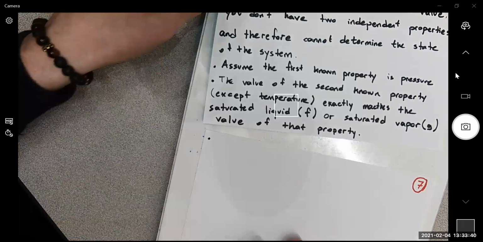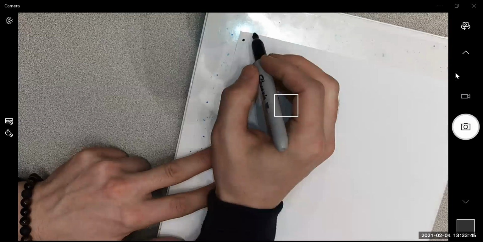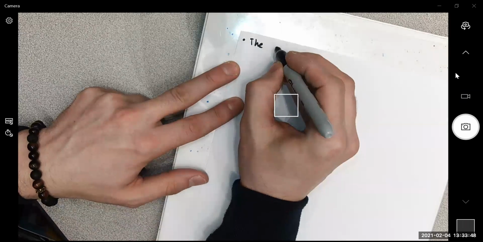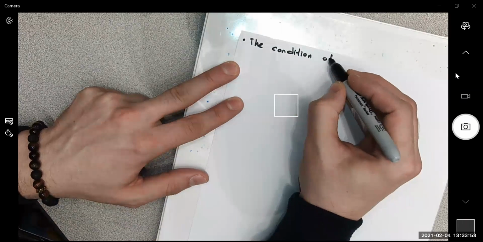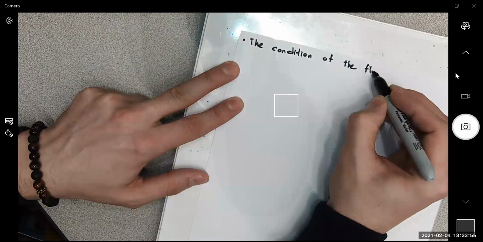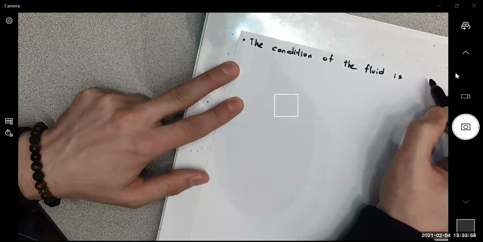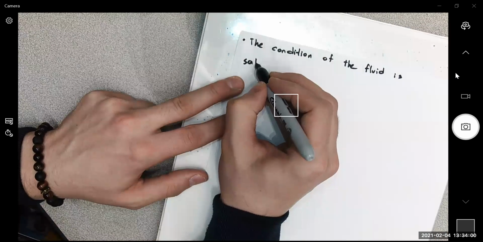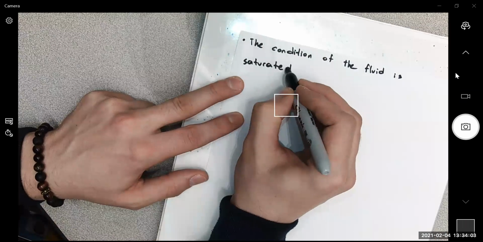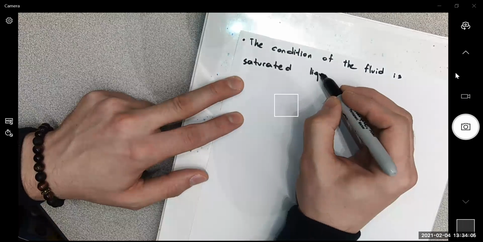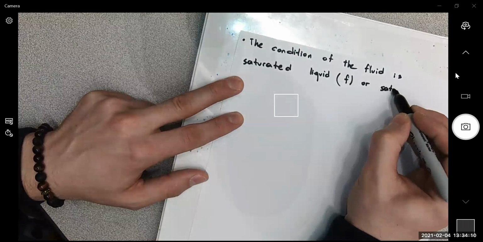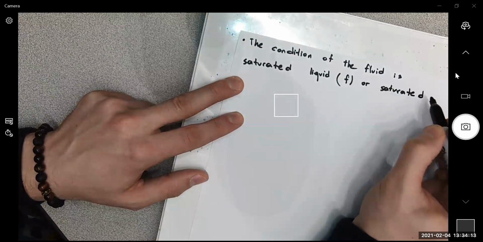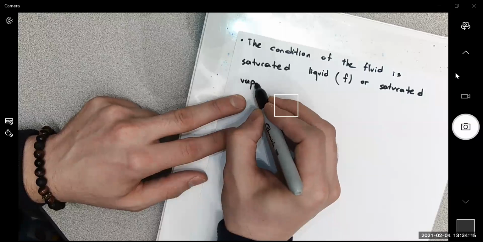Determine the condition of the fluid as saturated liquid or saturated vapor.